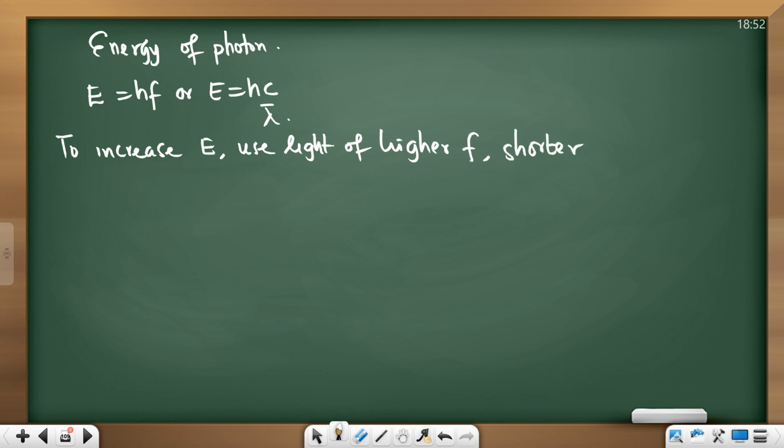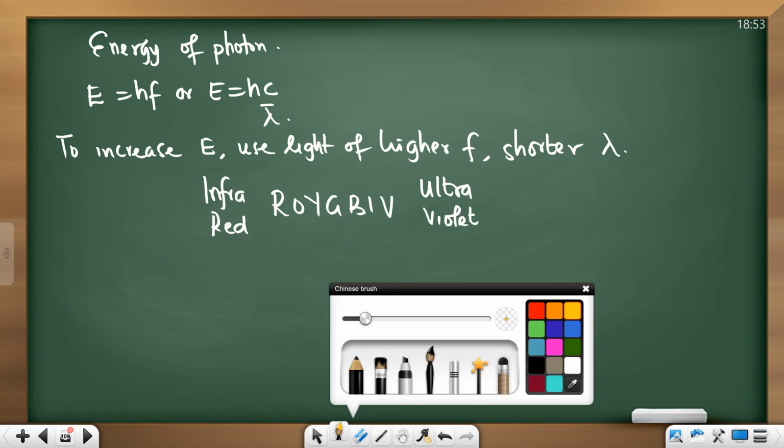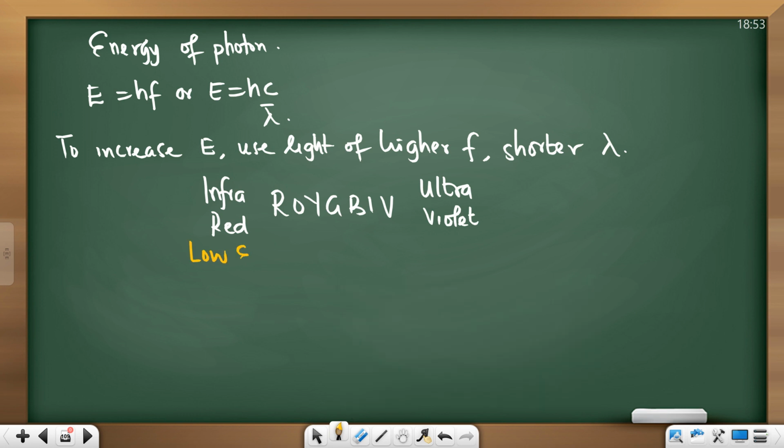I'm sure you still remember that. And this, you remember your infrared, then you have your X-rays, and then you have your ultraviolet here. The ones on this side have very low energy. These ones have high energy. And if it has high energy, it means it has a high frequency and a short wavelength.